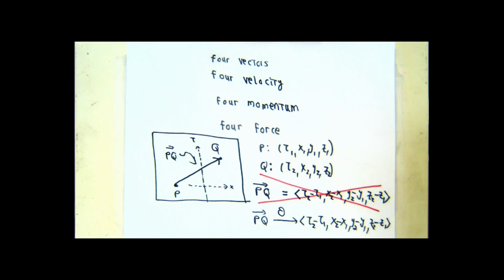Those numbers could be completely different from T2 minus T1, and so on.